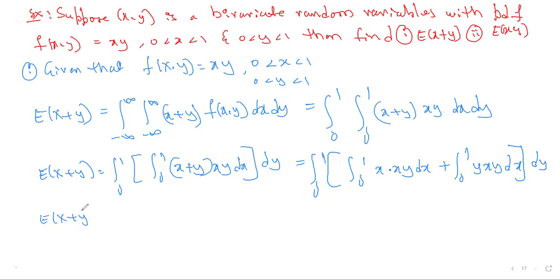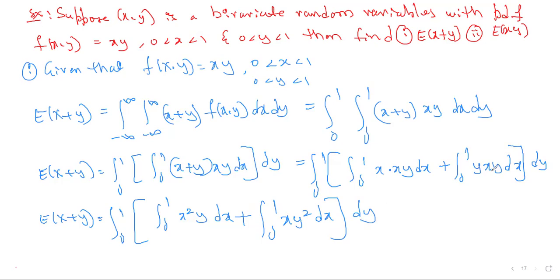So the expected value of x plus y is the integral 0 to 1 of, in brackets, integral 0 to 1 of x square y dx plus integral 0 to 1 of x y square dx, whole integral dy. Now we do the integration: the integral 0 to 1 of y into x cube by 3 from 0 to 1, plus y square x square by 2 from 0 to 1, dy.